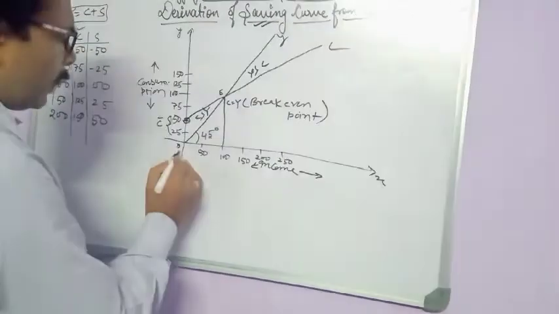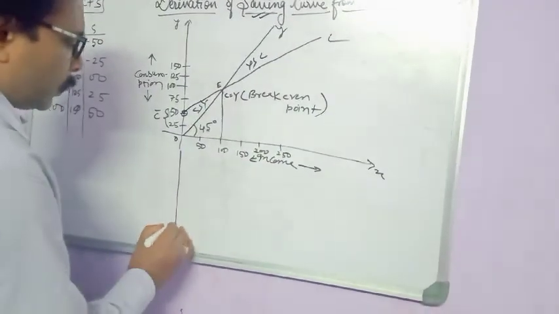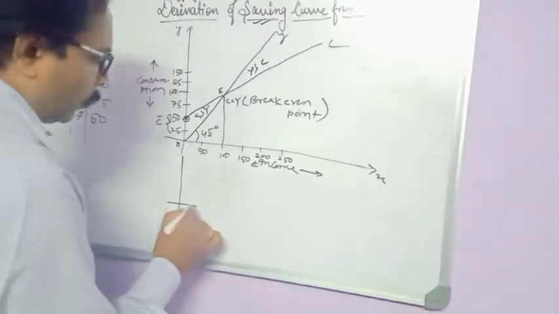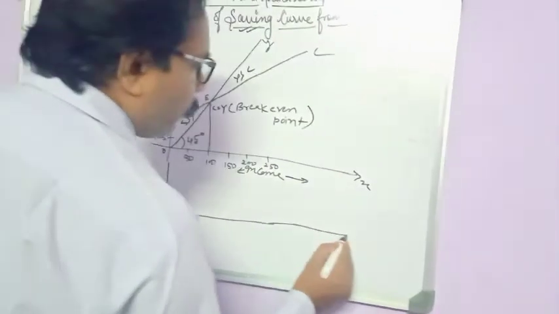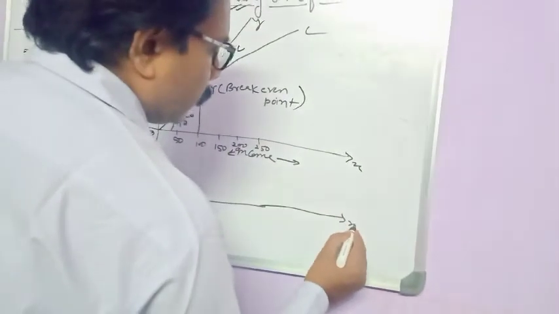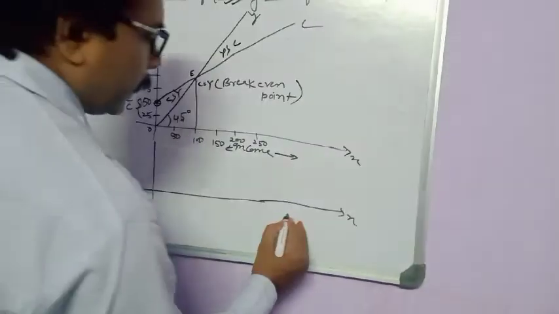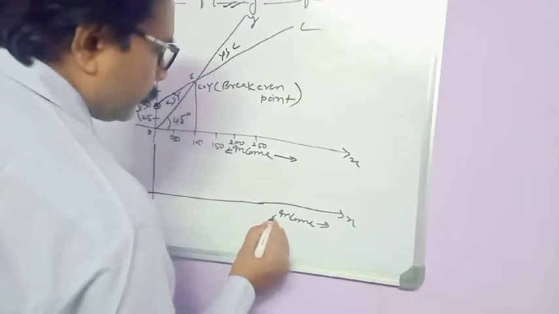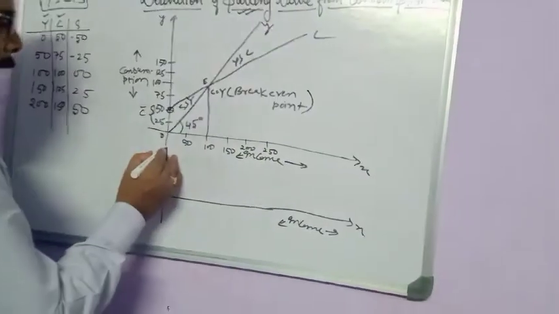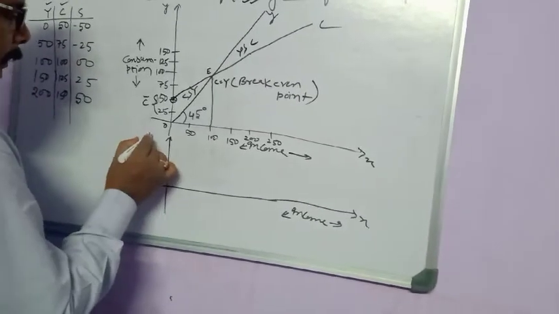Now we will draw the two axes, one the x-axis and the other the y-axis. On the x-axis, income is taken, and on the y-axis I have taken saving.